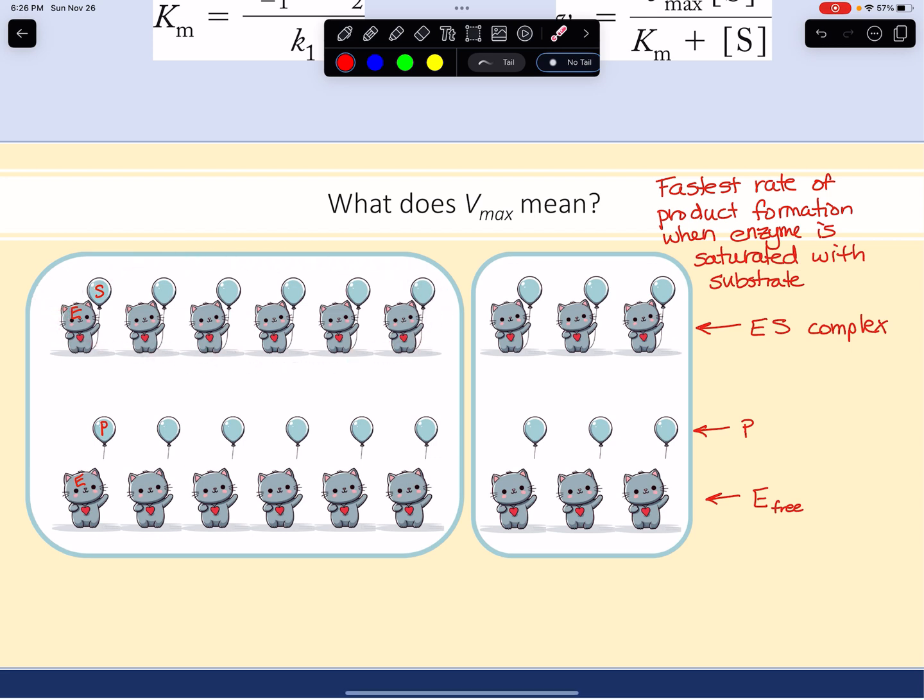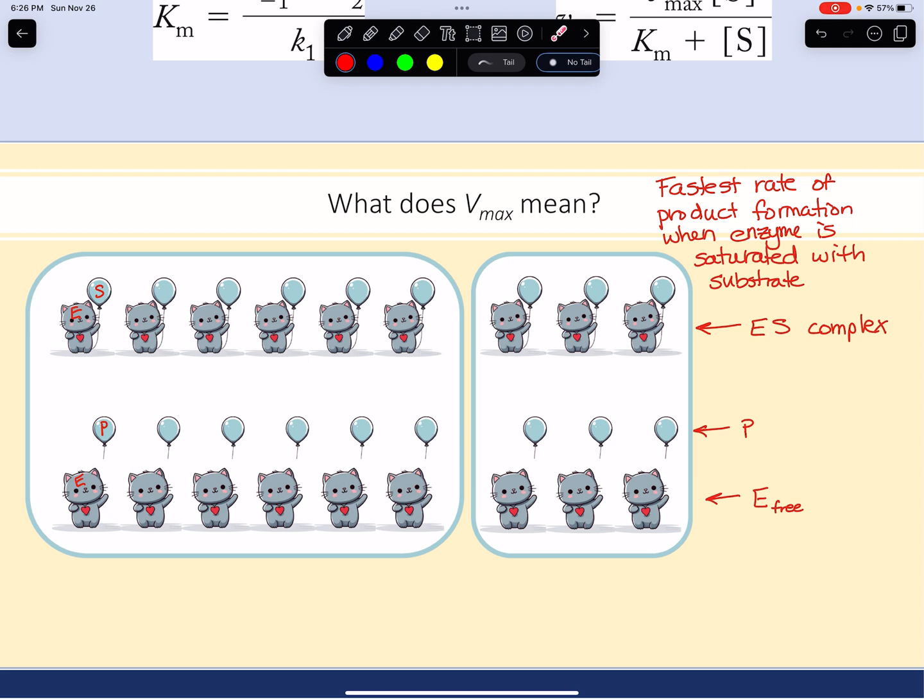All the enzyme molecules that are going to bind substrate have bound it. And if they all released at the same time, we would see this amount of product. There are 6 enzyme cats, and so we can see 6 balloons with their tails cut. That's the fastest we could possibly see.